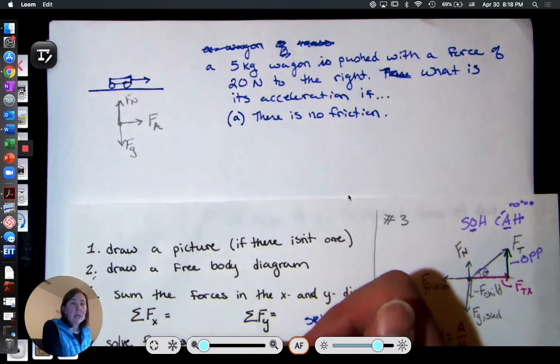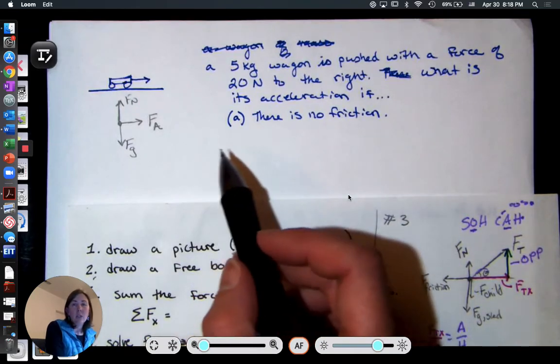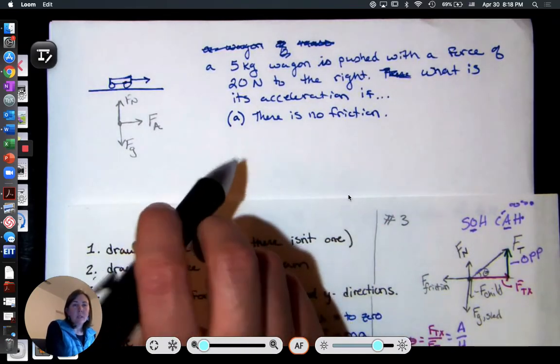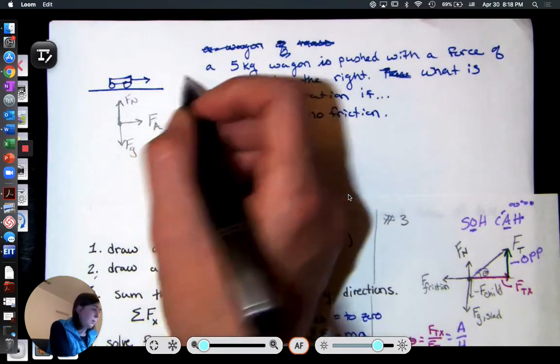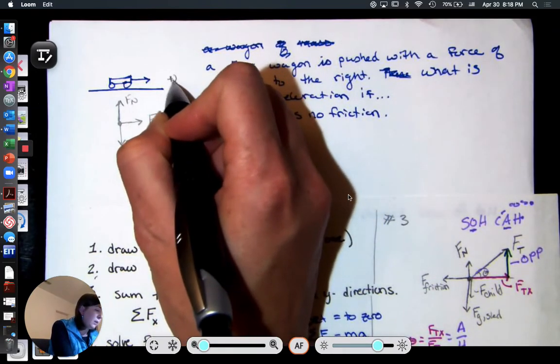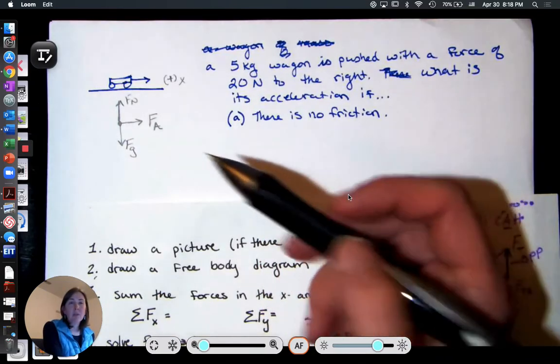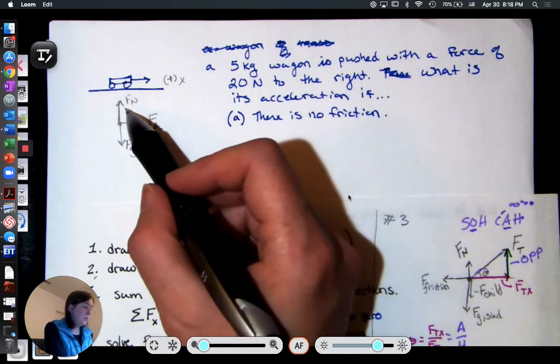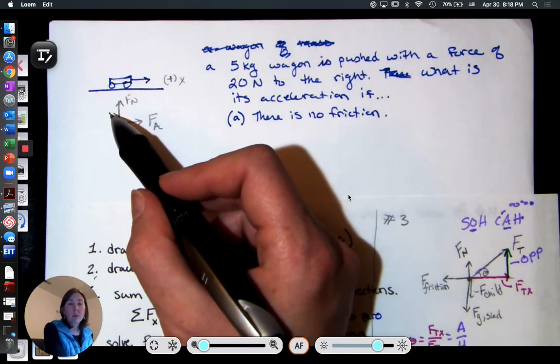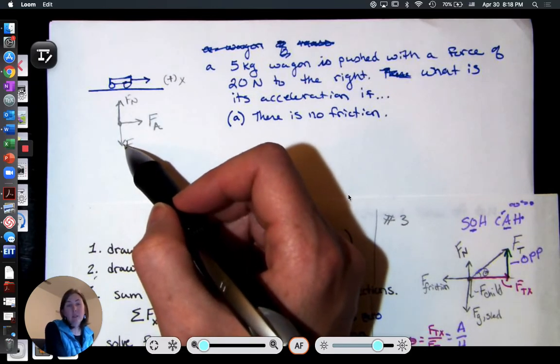Now in this question, the wagon is going to accelerate in the x direction. I'm going to call that positive x direction. And so we don't really care about summing the forces in the y direction because the sum of the force in the y direction is going to be 0 because these forces are balanced.